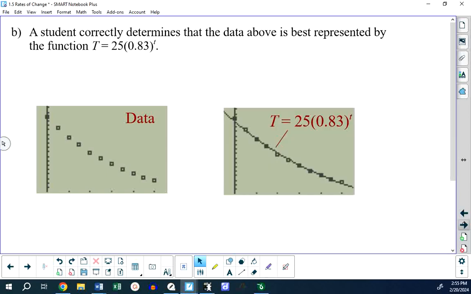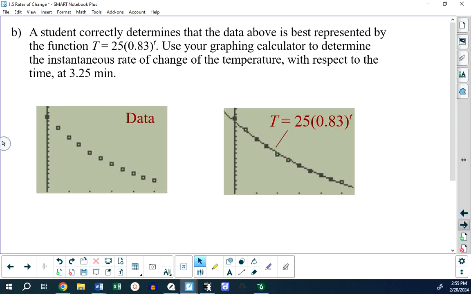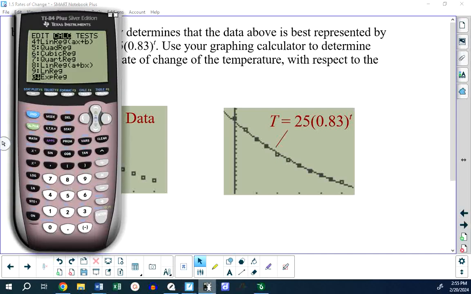We're going to use the calculator to find the instantaneous rate of change of the temperature at 3.25 minutes. And it's easy. All we have to do is enter this function into our calculator: 25 times 0.83 in brackets raised to the x.